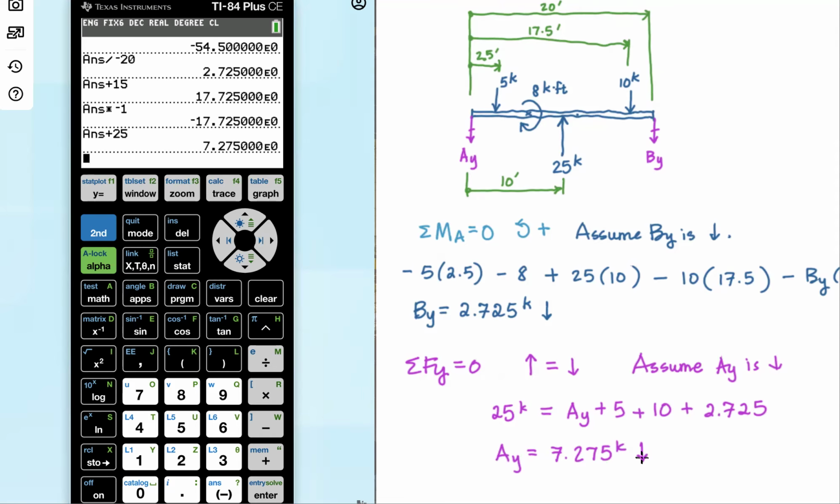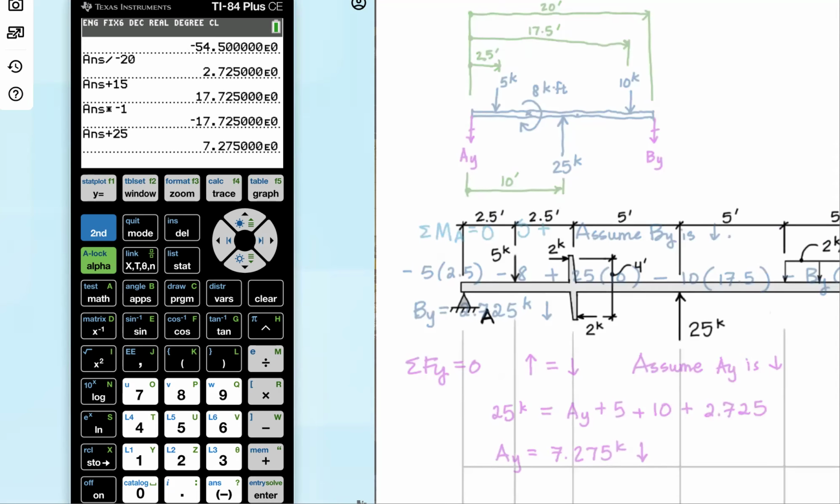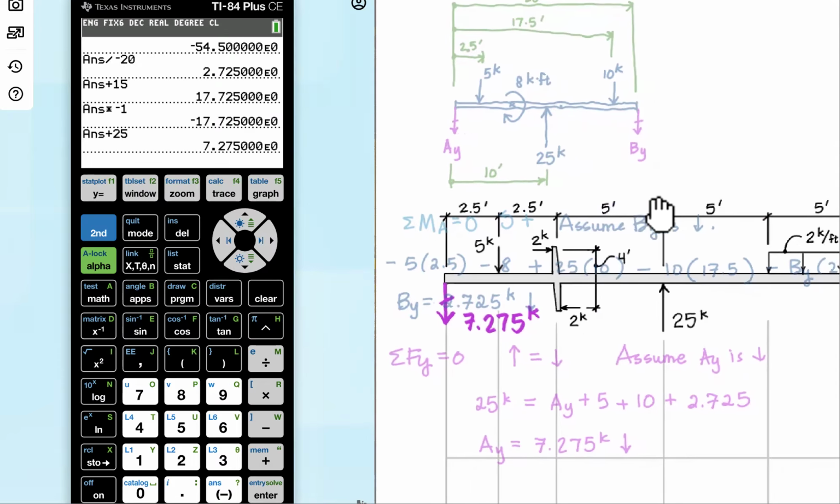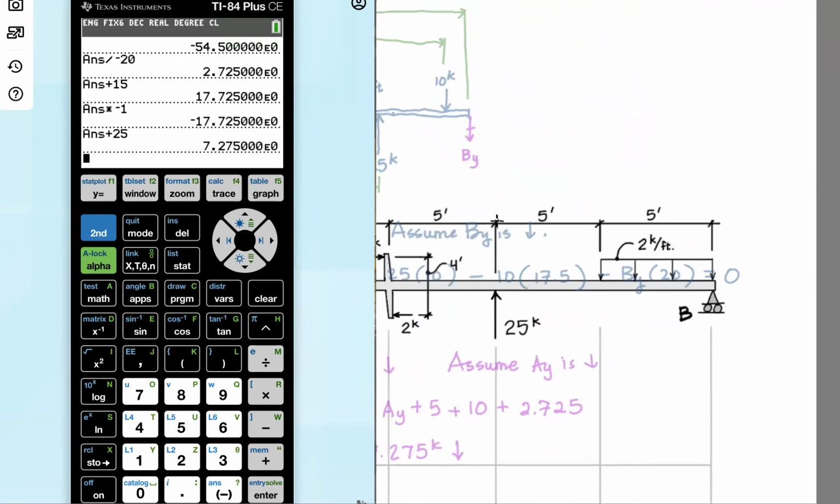So we have our reactions ready to go, and I am just going to put them back into our beam. 2.725.